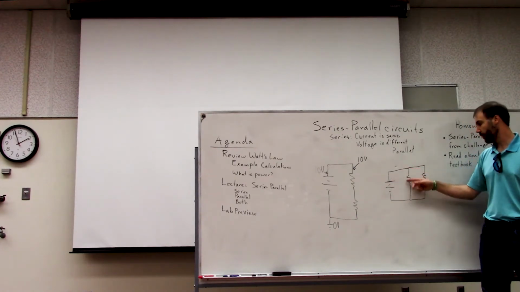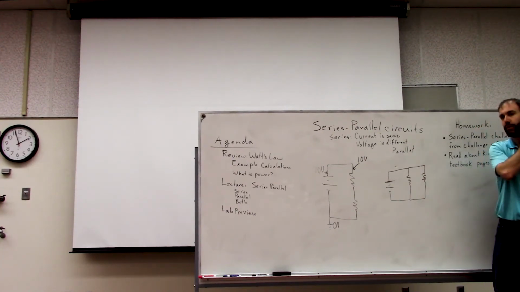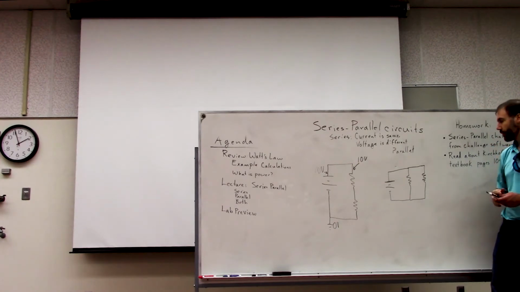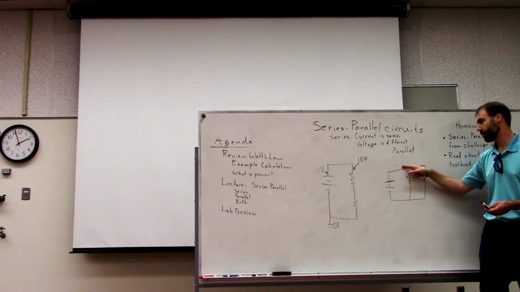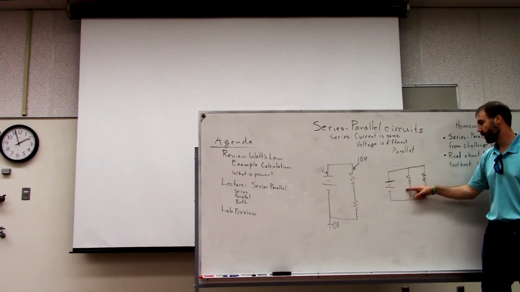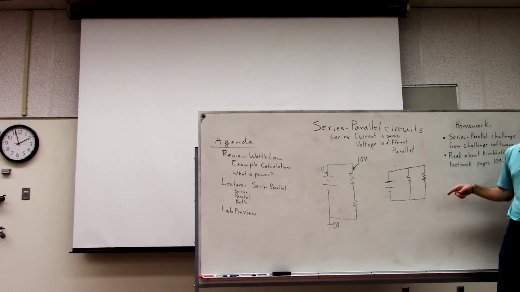So some of it can go down this path, and some of it can go down this other path, and it doesn't have to be equally divided between them. So you could have 500 milliamps coming out of the power supply, for instance, and you could have 200 milliamps traveling down the first path and 300 traveling down the second path.